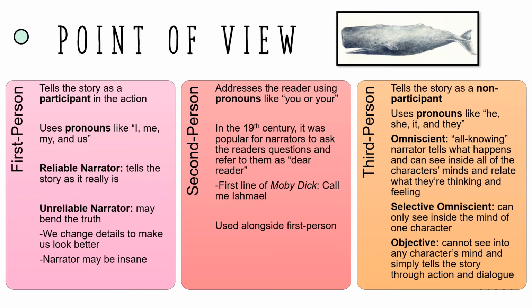A selective omniscient narrator can see only inside the mind of one character, generally the main character or protagonist, but not all characters. Lastly, an objective narrator cannot see into any character's mind and simply tells the story through action and dialogue alone.